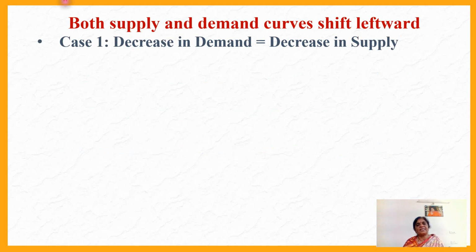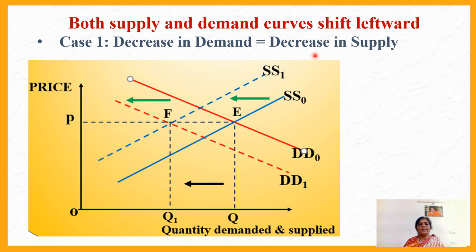You will see the first case, where the decrease in demand is exactly equal to the decrease in supply. This diagram explains it. You can see the original supply curve SS0 and the original demand curve DD0.